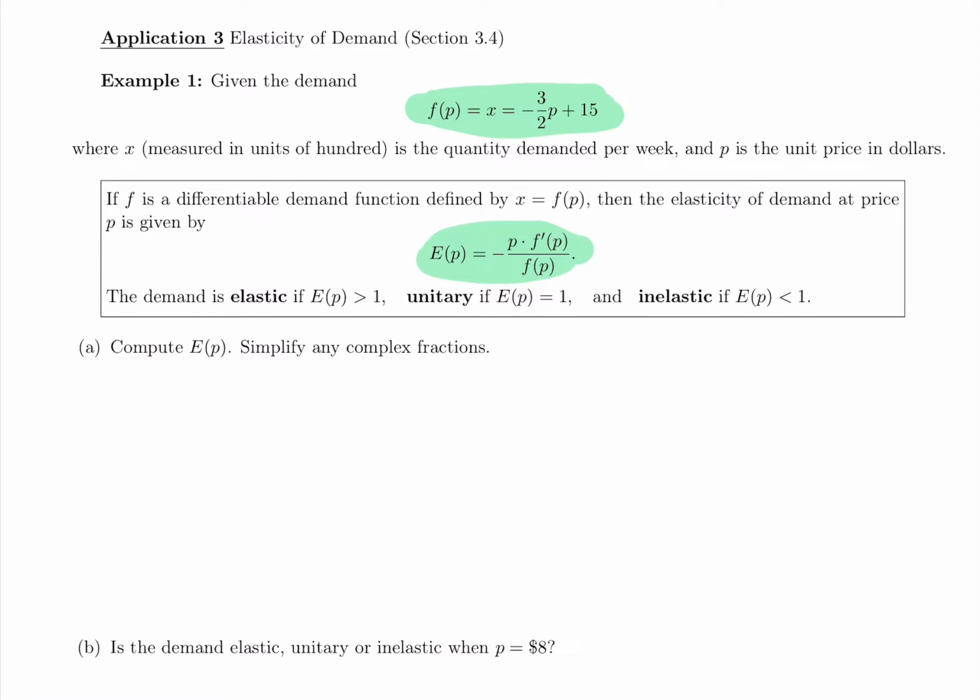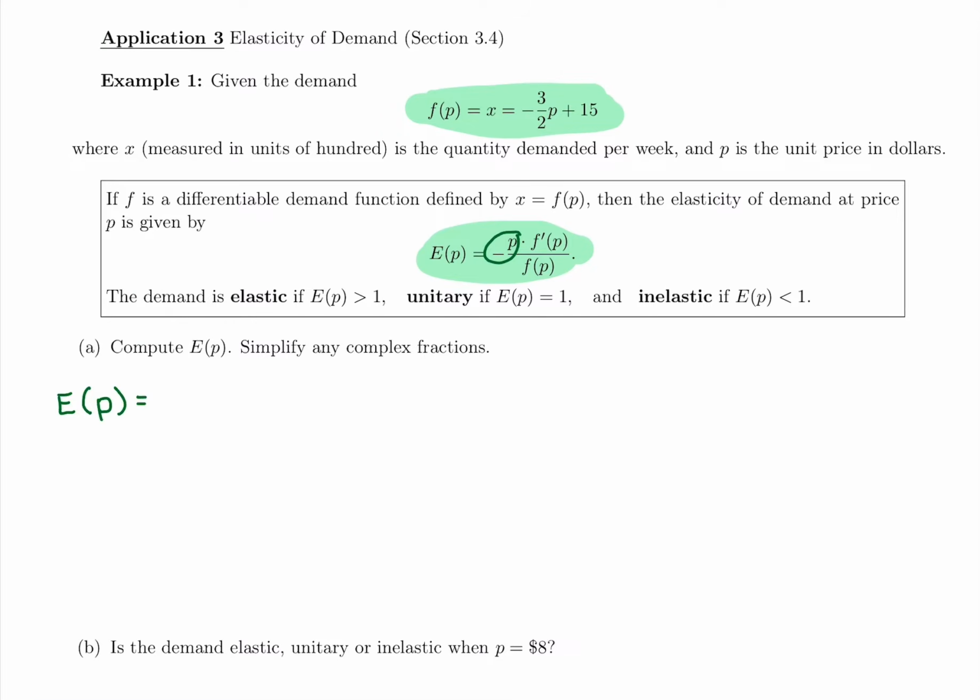So the elasticity is going to be found by doing negative p times f prime of p all over the original f of p. Not a formula that you have to memorize. You'd be given it in a course, or you could look it up online. If you were trying to use it in real life at a job, you would double check before you make any recommendation. So not something I would suggest memorizing.